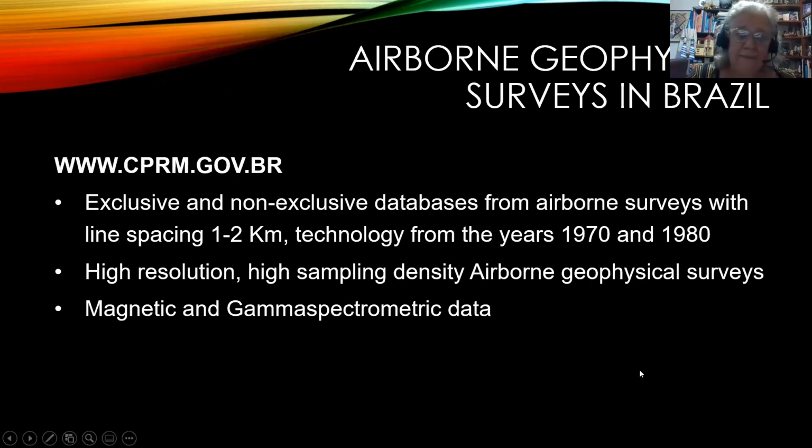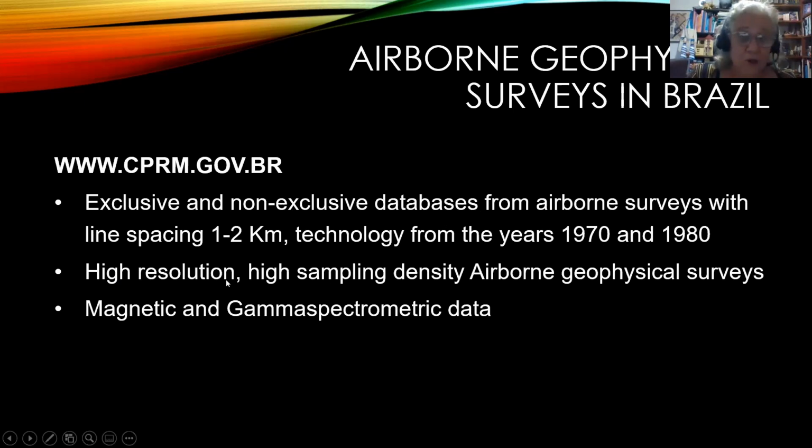And now, talking about data, I'm talking about Brazil. I'm Brazilian, but in several other countries there are free data. So the Geological Survey of Brazil, CPRM, is freely providing databases from the years 1970 and 1980.